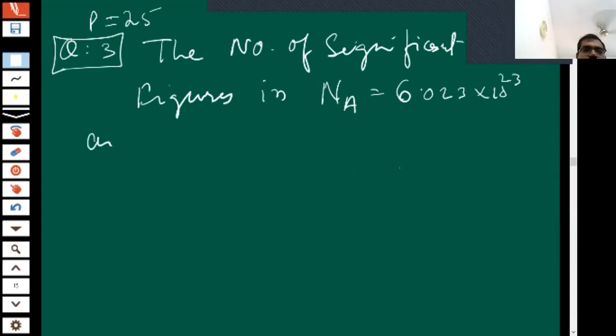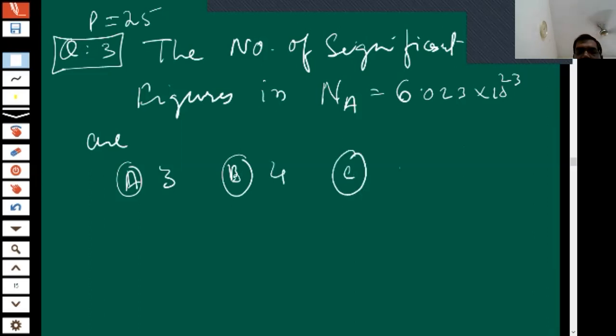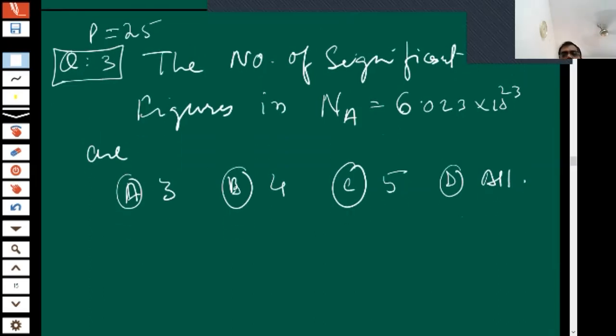Option A is 3, option B is 4, option C is 5, and option D is all. Now think about this question and tell me what should be the answer.